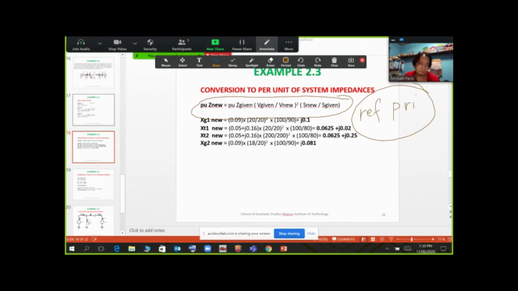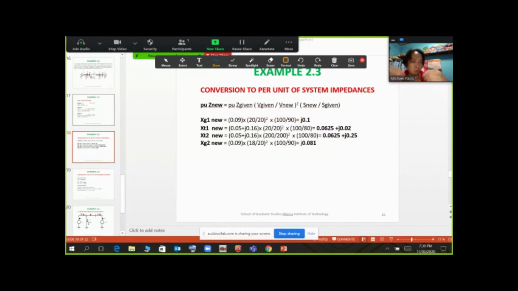In this case, we can already have these values in per unit using the ratio base formula. Please take note that the constant parameter all throughout is the 100 MVA because it will not change, and the squared term here is the given voltage V over V base.